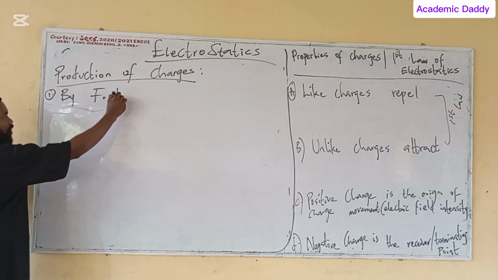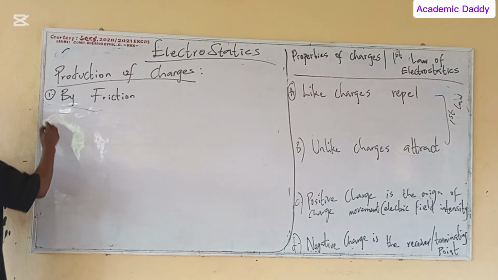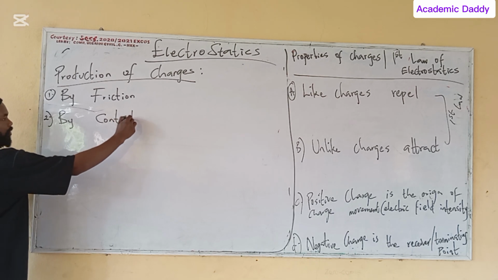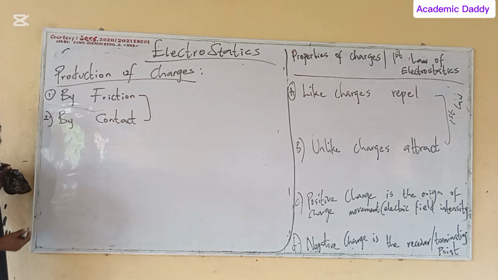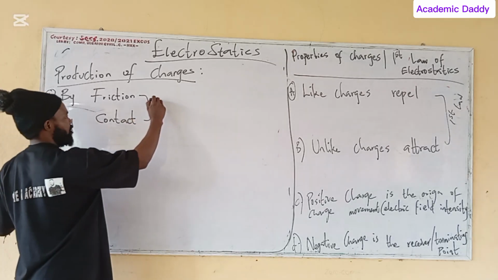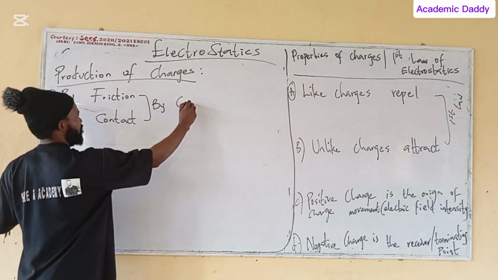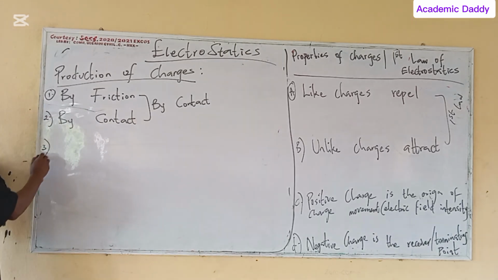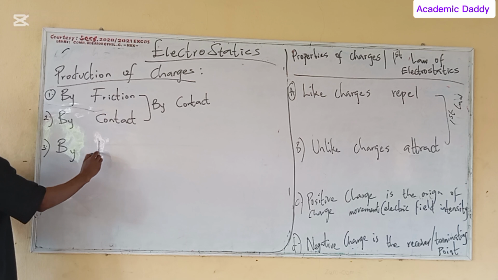So you can produce charges by friction. 2, by contacts. And you need to know that this friction and contacts are all classified as charging by contacts. Then 3, by induction.